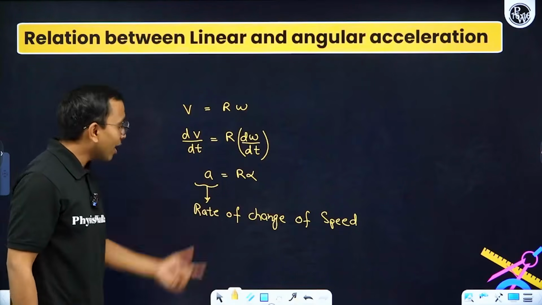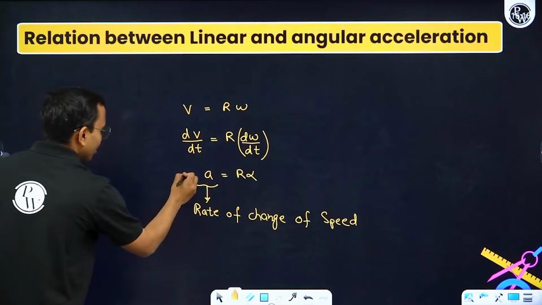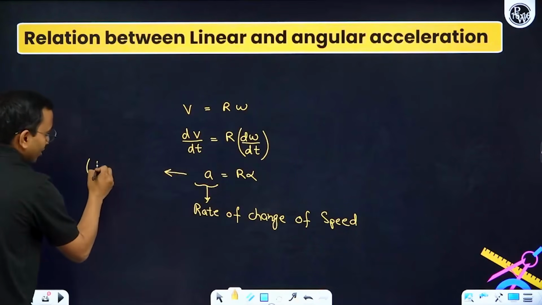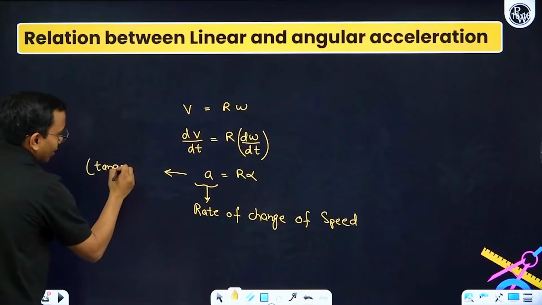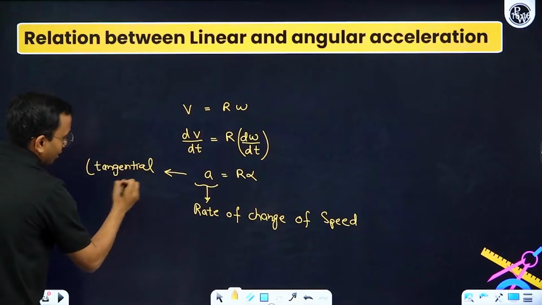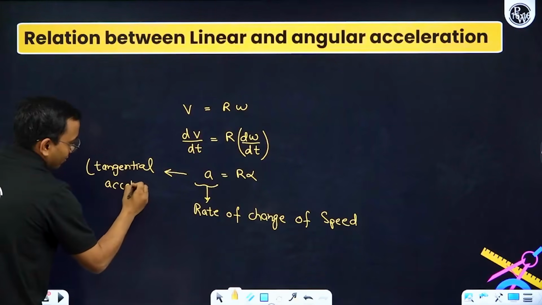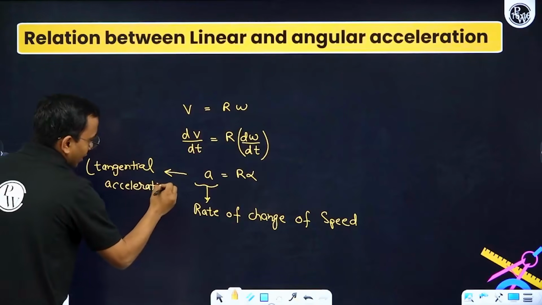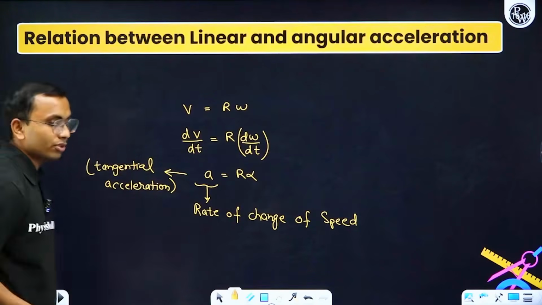Okay, and this we call the tangential acceleration. It changes the magnitude, not the direction.